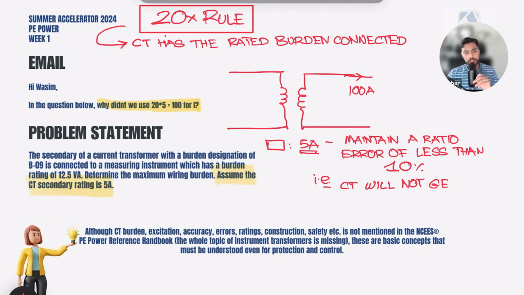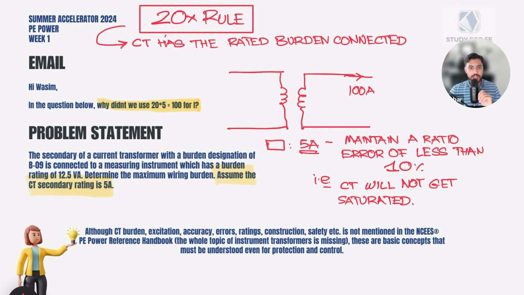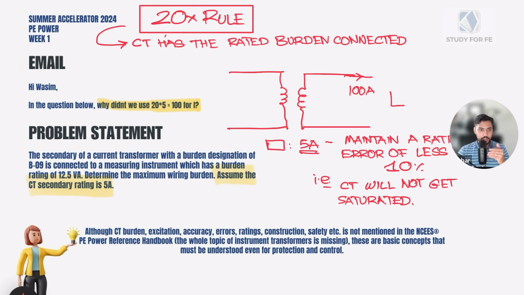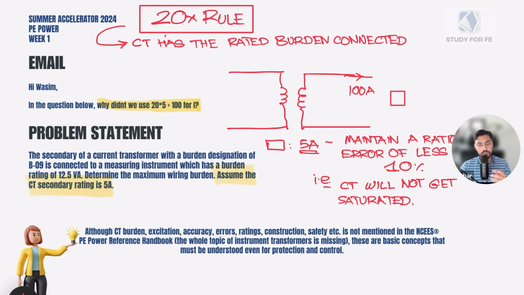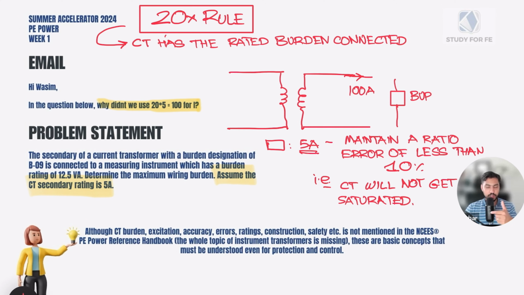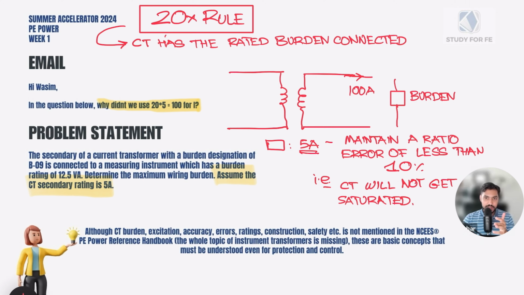But there's a catch over here, guys. What is the catch? The catch is that the underpinning of the 20x rule is that the load that is connected, or more technically, the more accurate term, the burden, which includes the resistance of the wire, the CT's own impedance reflected on the secondary, plus the relay or whatever device is connected, if that total burden is equal to the CT's rated burden.